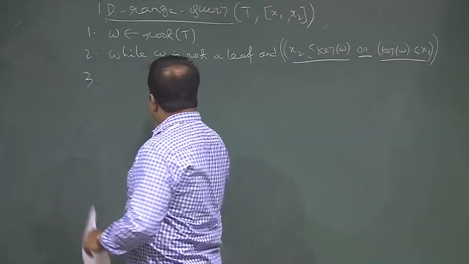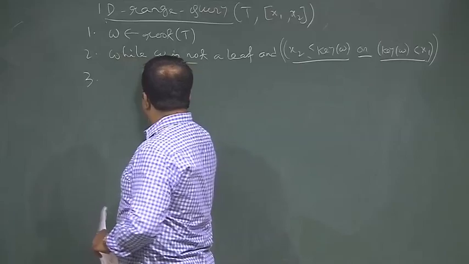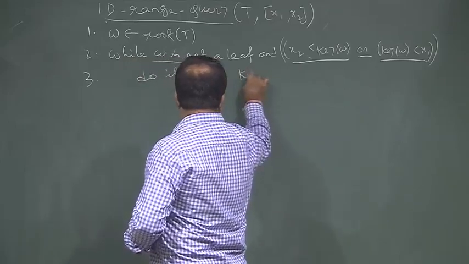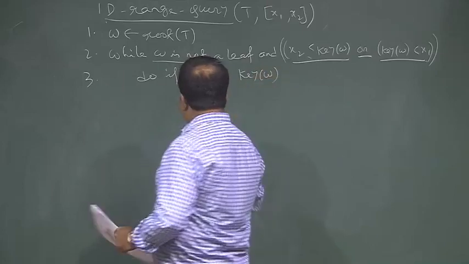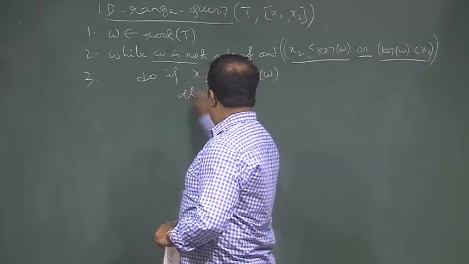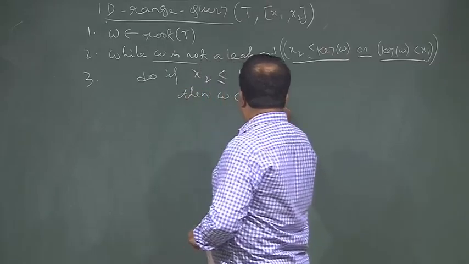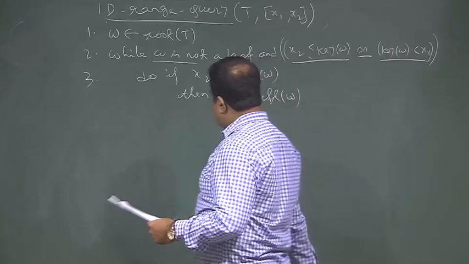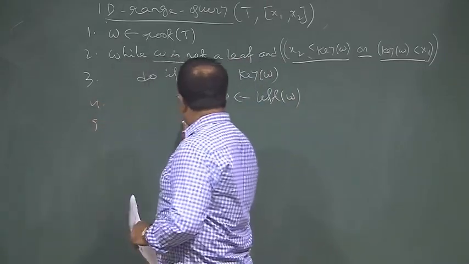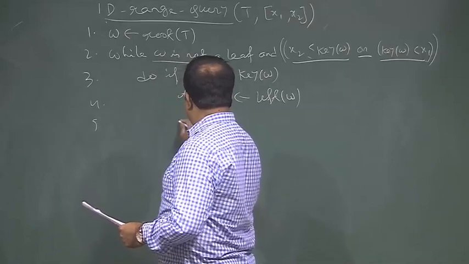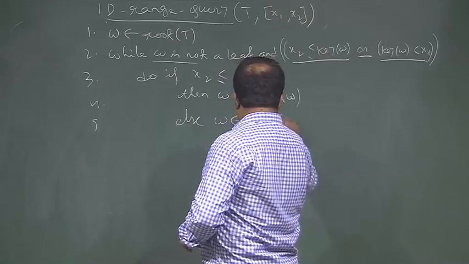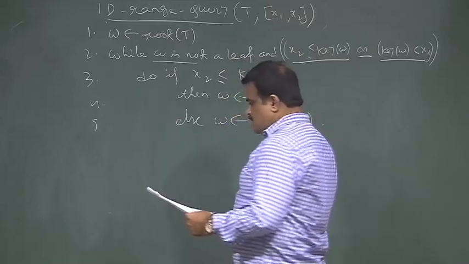So this is the while, do: if x2 is less than or equal to key of w, then we go to the left part, w is left of w; otherwise, else w is right of w. Okay.